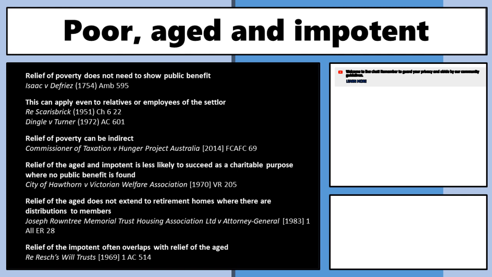Because one of the key things to note here is that you have to actually be relieving poverty or relieving the aged or relieving the infirm, and that relief originally, again relatively recently, had to be done directly, had to be the same organisation. And so here, the full federal court said, no, that's gumph.